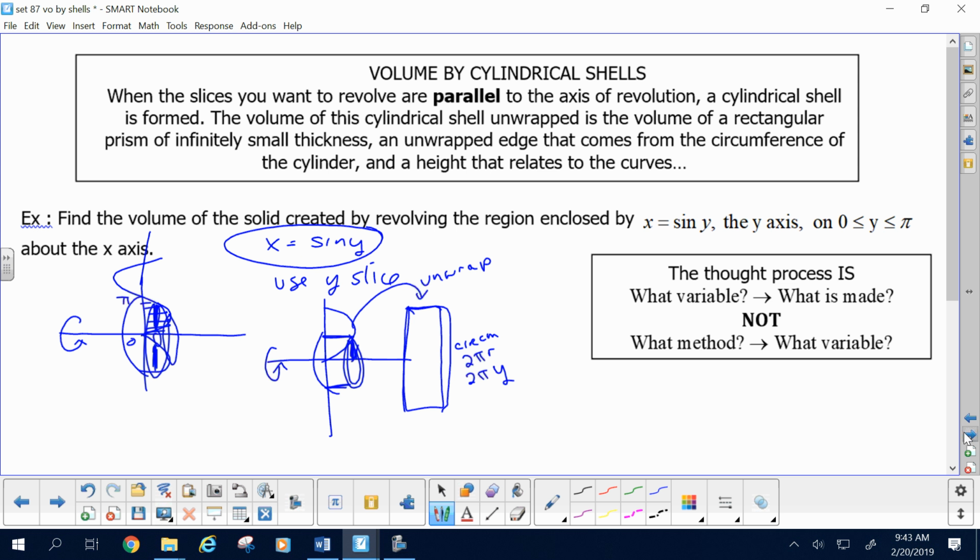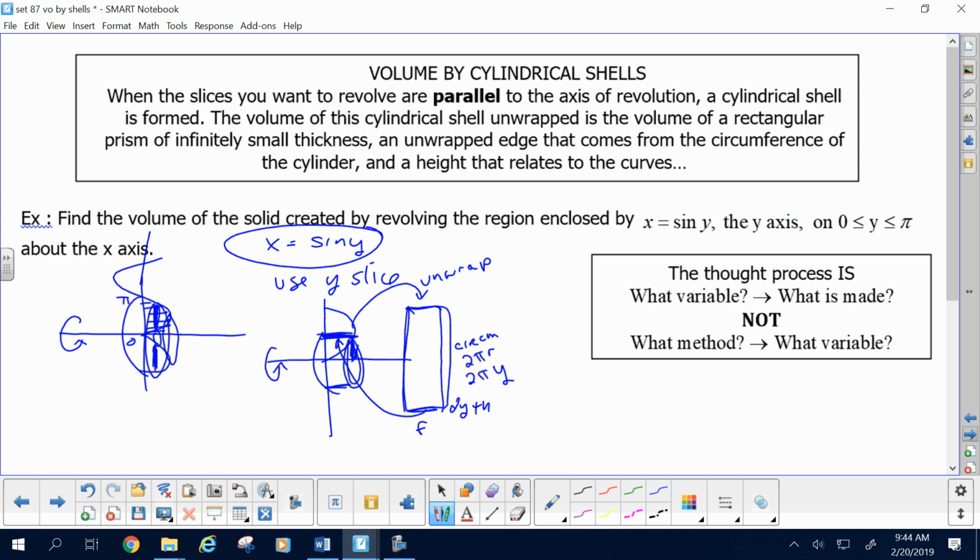Okay? This distance here corresponds to this distance. Isn't that just the distance to the function also? I don't want to call it f of x because it's going to be in terms of y. And the thickness. Is the thickness a small change in x or a small change in y? Small change in y. dy thick.